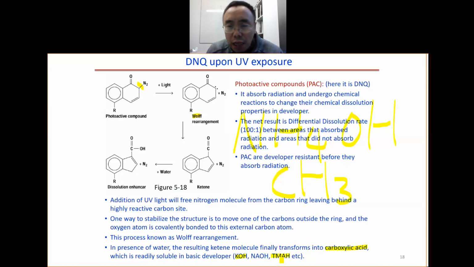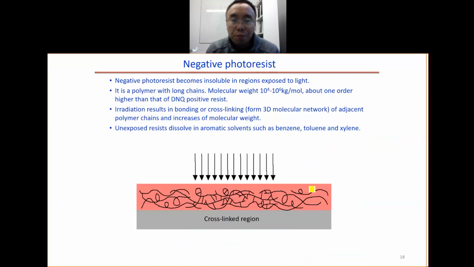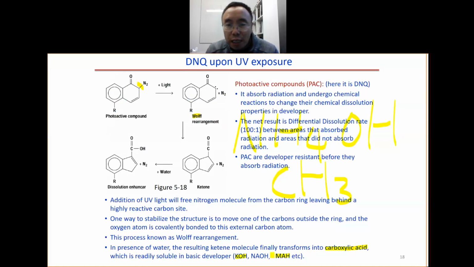It is the tetramethyl ammonium hydroxide. It's similar to the ammonium hydroxide, but this H is replaced by this methyl group. TMAH is much more popular than the KOH because, as I said, this one does not contain the metal. Those alkaline metals are very bad for the semiconductor devices.